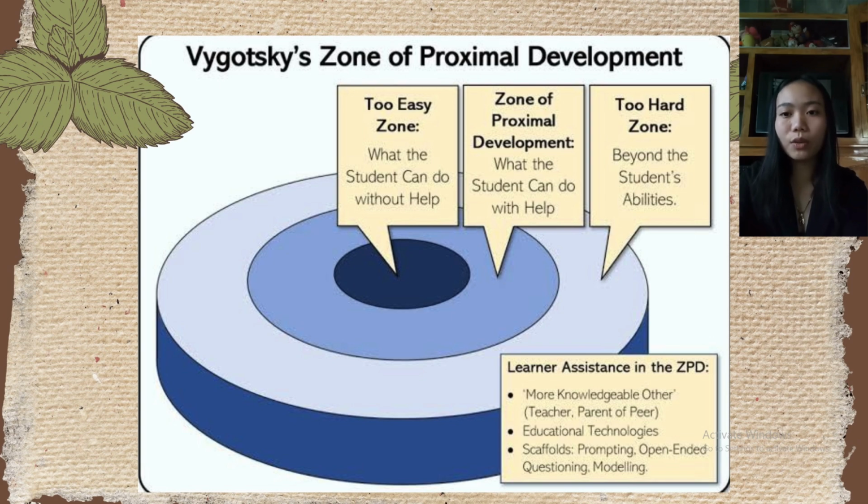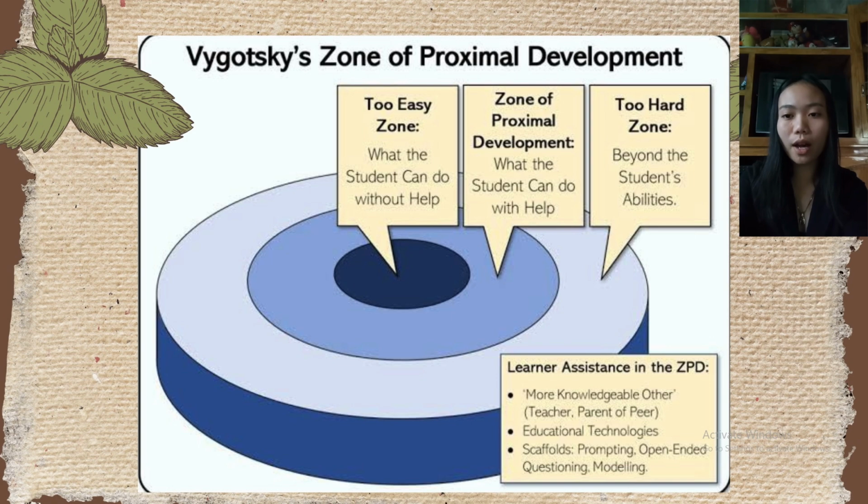The middle circle represents the zone of proximal development, where the student can achieve tasks with guidance and support. The outermost circle represents the too hard zone, where the tasks are beyond the student's current abilities even with help.